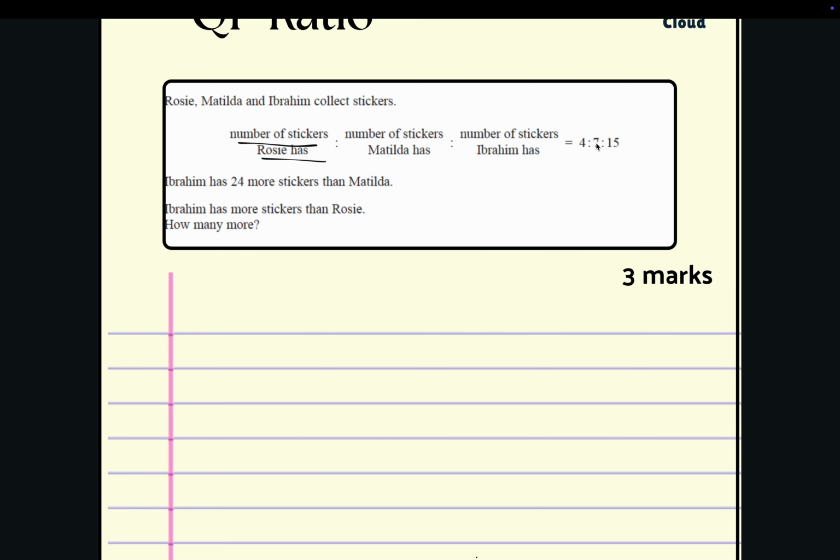And then it says Ibrahim has 24 more stickers than Matilda. So you've got Rosie, Matilda and Ibrahim, and we could write this as 4x to 7x to 15x. And then we know Ibrahim has 24 more than Matilda.